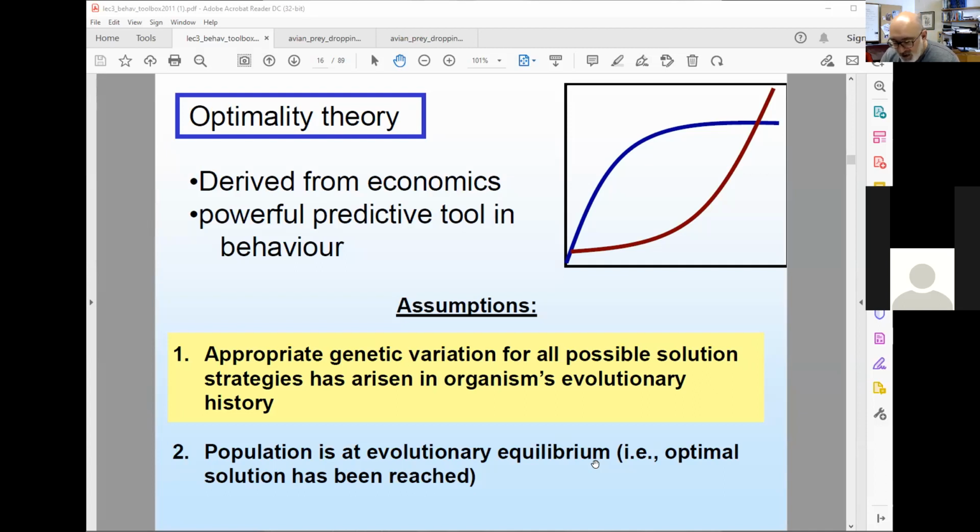So, for example, if you have an invasive species that has invaded a habitat or a landscape that is novel to it, then that population is not at an evolutionary equilibrium, and so you might not expect that the behaviors of those animals would be necessarily optimal. So there are situations where this evolutionary equilibrium is not reached. And so we have to be cognizant of that.